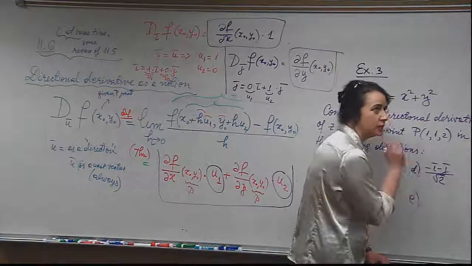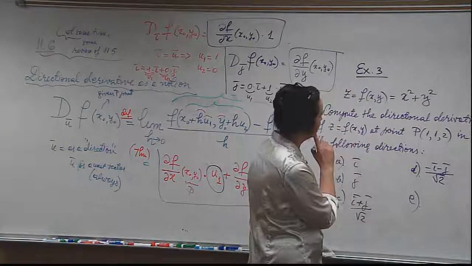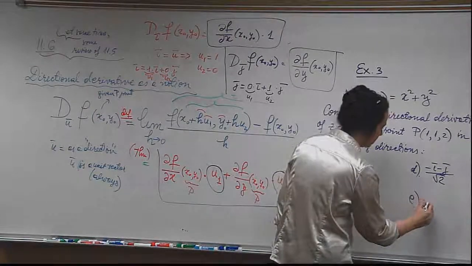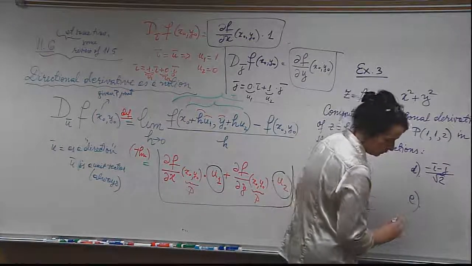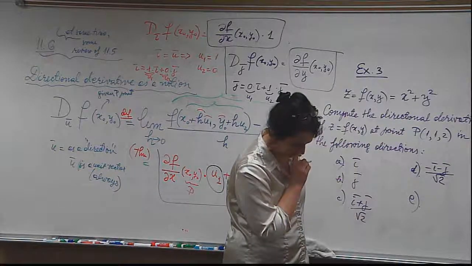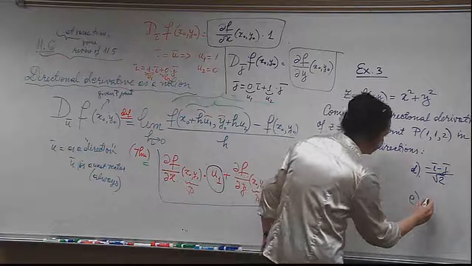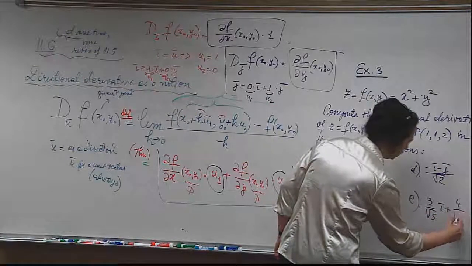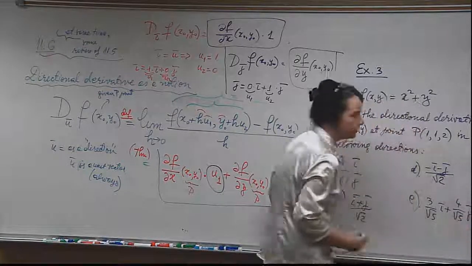Okay, so let's see, what do I want to put here? How about this? 3 over root 5 i plus 4 over root 5 j. Is this a unit vector or not?